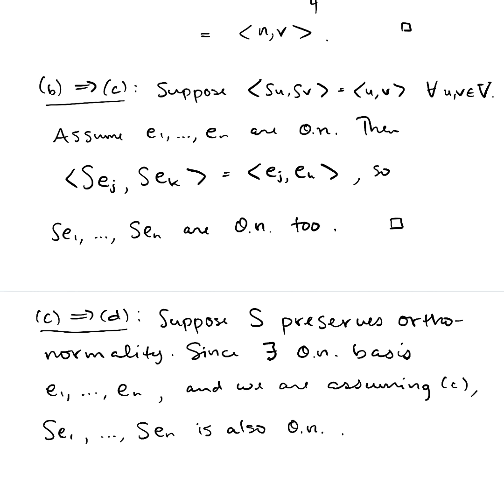So there's not much to C implies D. C is the much bigger statement. Once you know orthonormality is preserved, certainly by Gram-Schmidt there is an orthonormal basis. And if S preserves it, then SE1 through SEn are orthonormal. And for that matter, they're a basis because there's n of them and they're linearly independent. And maybe there's even more tacitly being said here in part D.